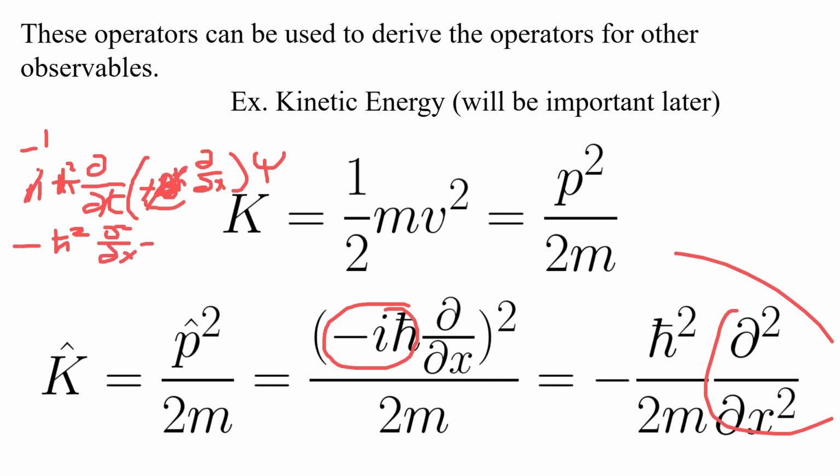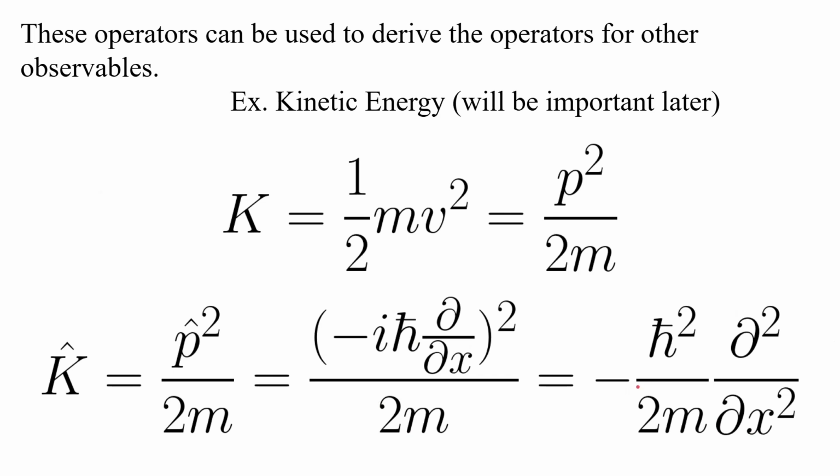And then the 2m is a constant that was here originally, and that's just going to carry over. So the kinetic energy operator is given by negative h bar squared over 2m times the second partial derivative with respect to x. And if that's applied to psi, then it's the second partial derivative of psi with respect to x.